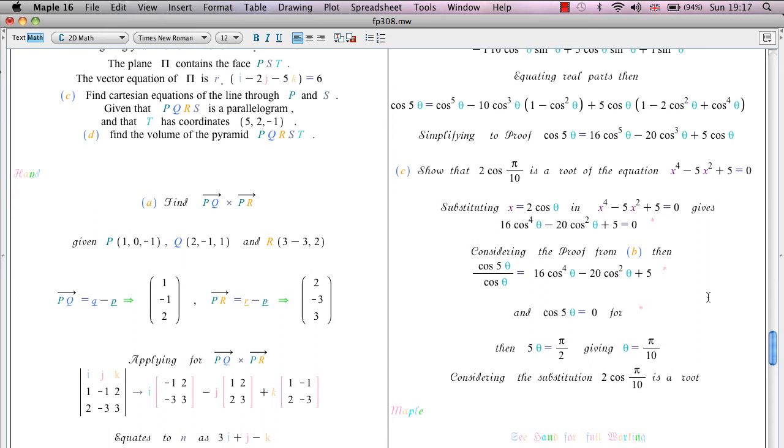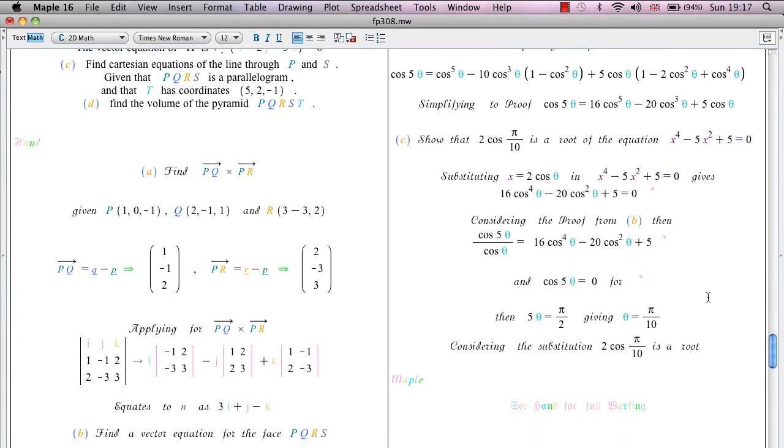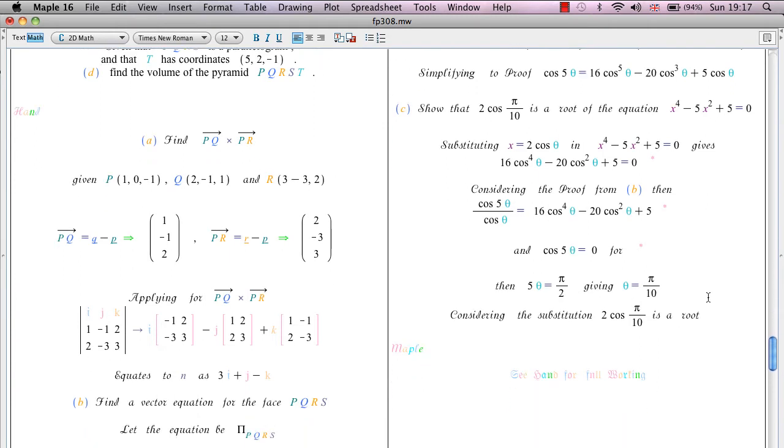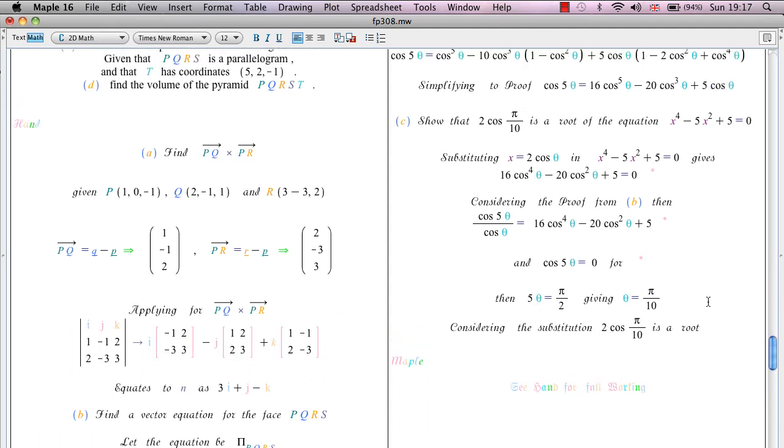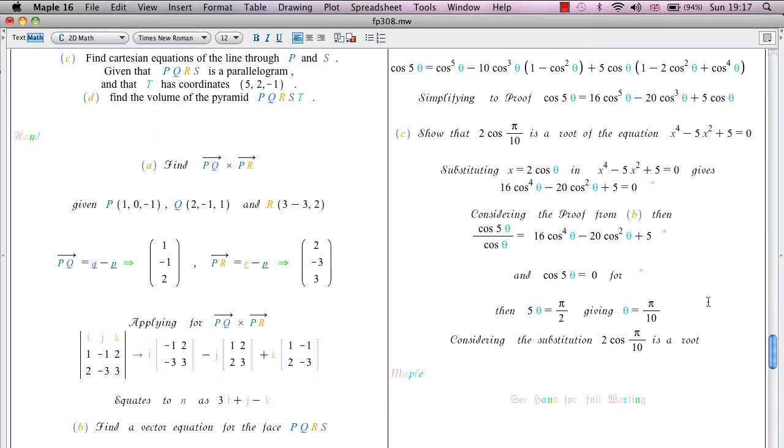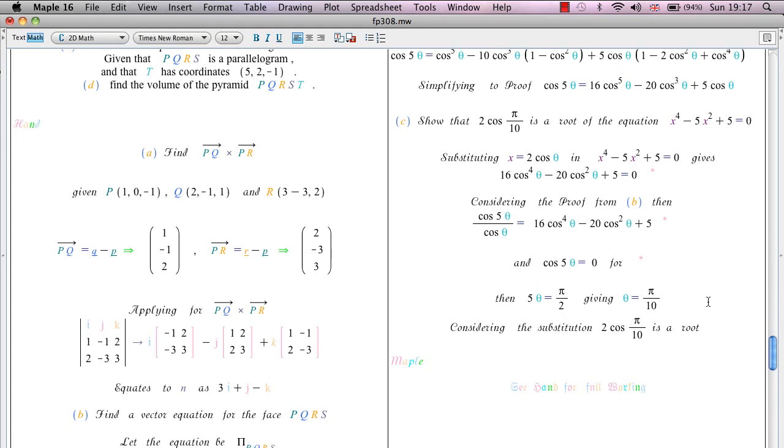Then cos 5 theta will be 0 to satisfy the expression, and solving cos 5 theta equals 0 gives theta equals pi over 10. So considering we substituted x equals 2 cos theta in the expression, then 2 cos pi over 10 is a root.